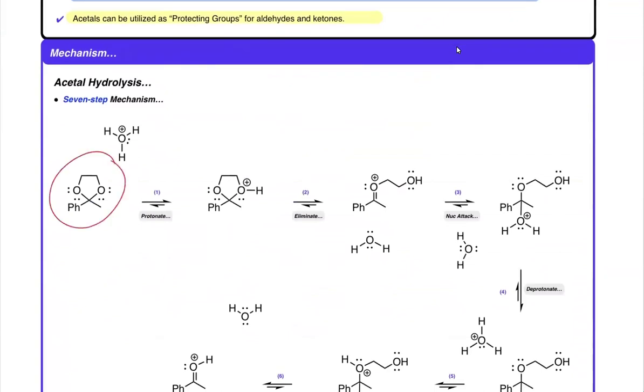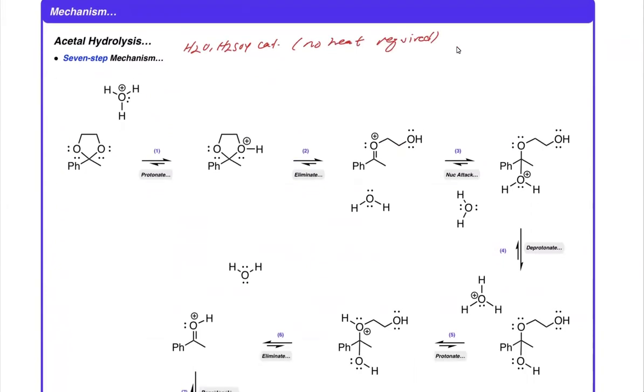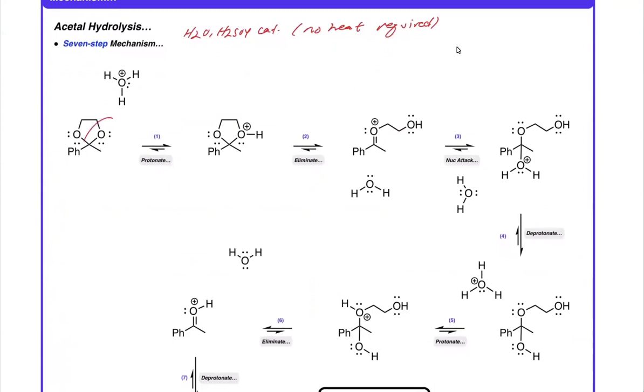So we're going to imagine taking our cyclic acetal and reacting it with H2O and H2SO4, aqueous acid. Now, let's also stipulate that there's no heat required. This could be done with or without heat, but the heat is not required. Now, we ultimately want to disconnect that carbon from each of those oxygen atoms, and to disconnect one of those oxygens, we would first have to protonate it to make it into a better leaving group.